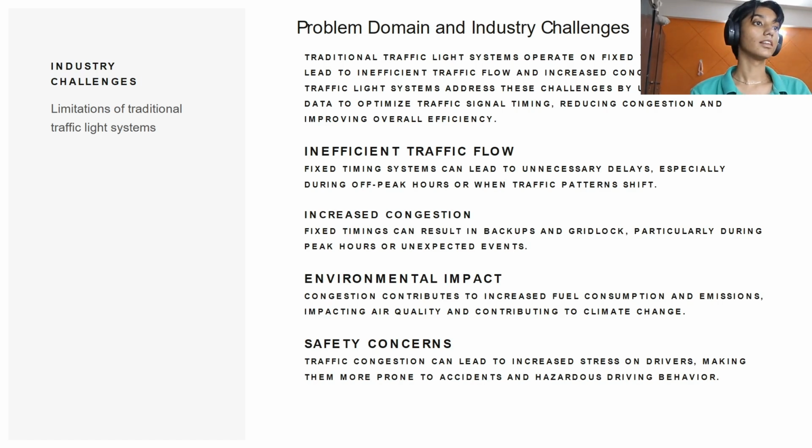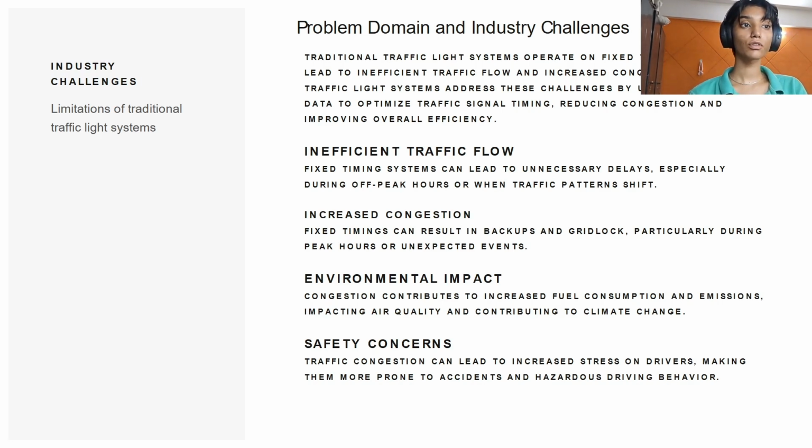The smart traffic light system addresses these challenges by using real-time data to optimize the traffic signal timing, reducing congestion and improving the overall efficiency.